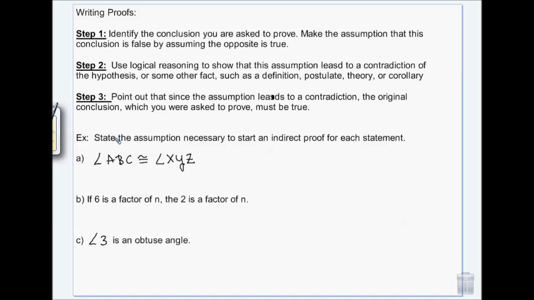To start out, we need to come up with the assumptions necessary to start the indirect proof. If I'm saying that angle ABC is congruent to angle XYZ, my opposite statement is that they're not congruent. If I say if 6 is a factor of n, then 2 is a factor of n, my opposite statement is going to be 2 is not a factor of n.